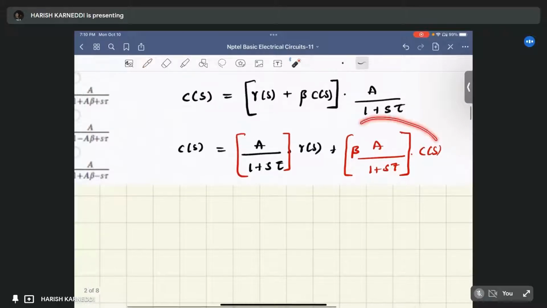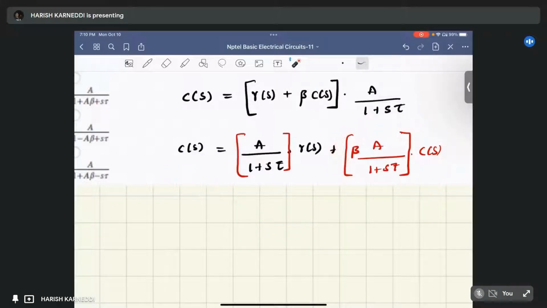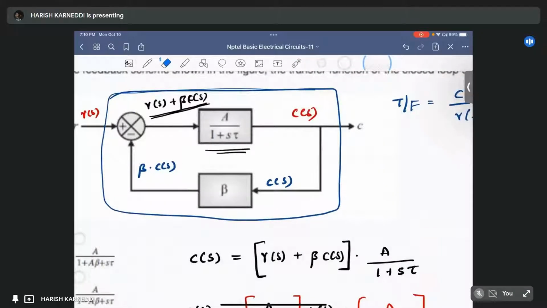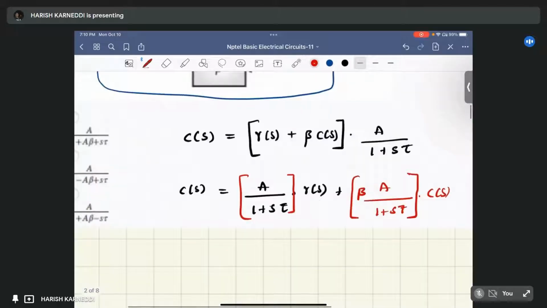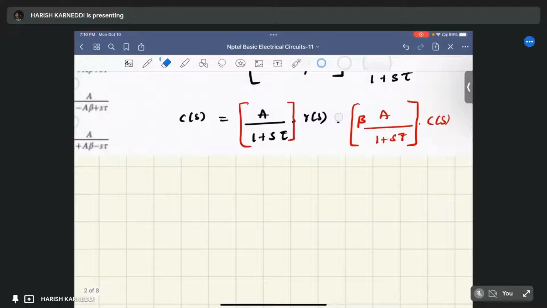Now this C of S function we can bring to this side. Actually, sorry, here it is negative, right? Because the symbol here is negative, so here it will be negative. So here it is R of S minus beta C of S. The same will be repeated here: R of S minus beta into C of S.